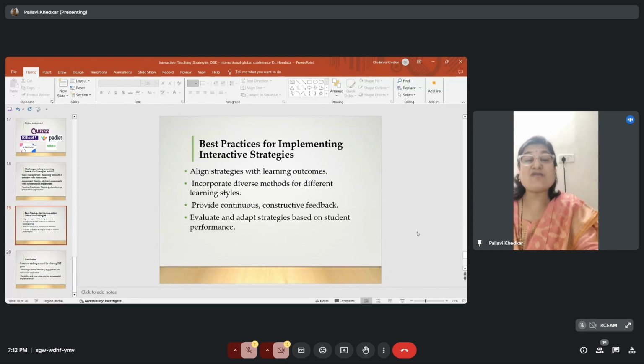How can I make the concept simpler for the students? That is how the teacher has to think. Provide continuous and constructive feedback, evaluate and adapt strategies based on students' performance. So, based on students' performance, the teacher also has to change her interactive strategies.